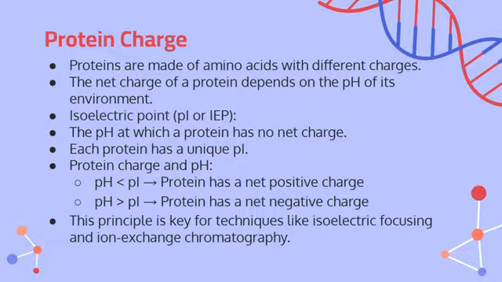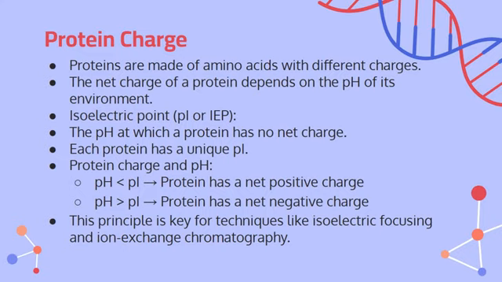Each protein has a unique pI. So, protein charge and pH: how are these related? If the pH is lower than the pH at which the protein has no net charge, the protein has a net positive charge. If the pH is higher than the pH at which the protein has no net charge, the protein has a net negative charge.